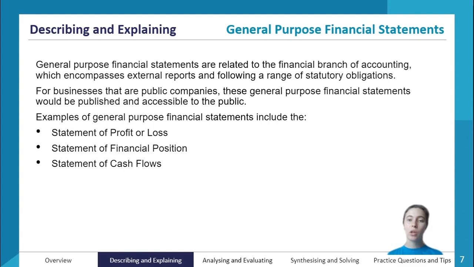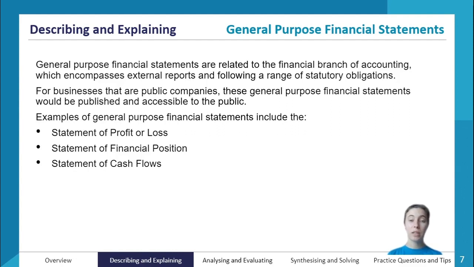To begin with, we're looking at general purpose financial statements. So you need to be able to describe and explain these sorts of things. A general purpose financial statement is a statement that's related to the financial branch of accounting. So you've got external reports and you need to follow a range of statutory obligations in terms of reporting.